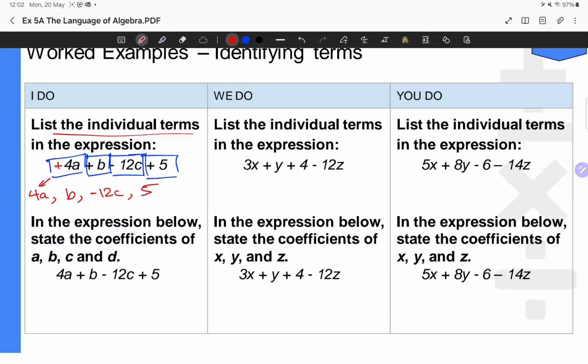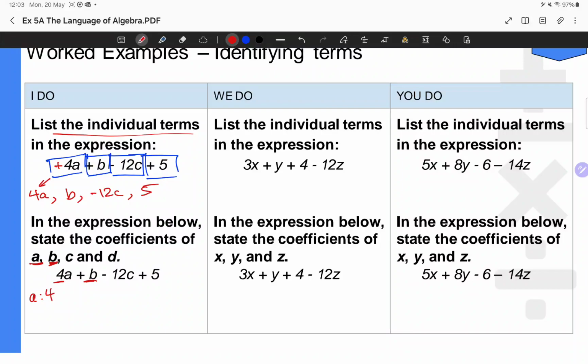All right. In the expression below, state the coefficients. So if we remember, coefficients mean the numbers that are in front of the letters. So for A, that is A, it's 4. With B, what's in front of B?